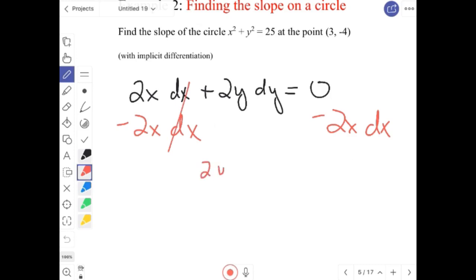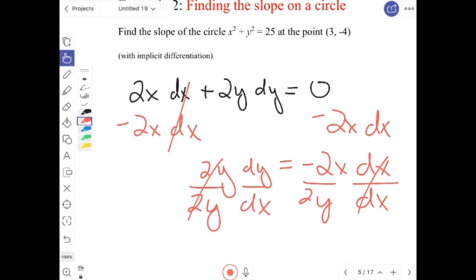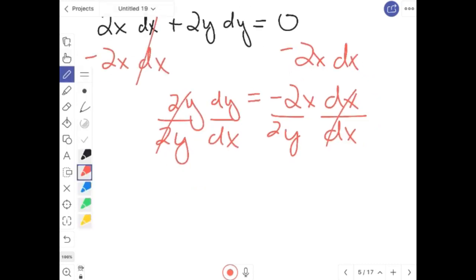So I'm going to have 2y dy is equal to negative 2x dx. Divide by dx, divide by 2y. And now I have dy dx equals negative 2x over 2y.